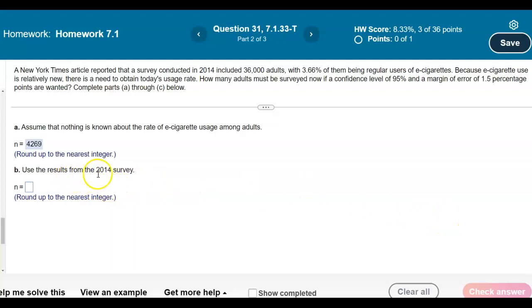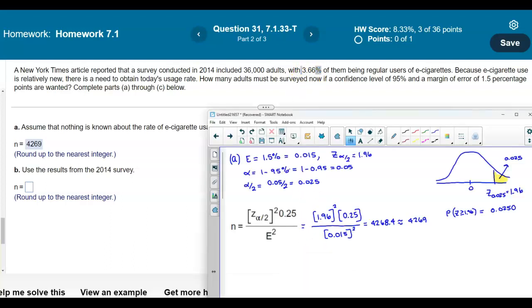Now it says to use the results from the 2014 survey. The 2014 survey said that 3.66% of them were regular users of e-cigarettes. So that represents our point estimate, 3.66%.